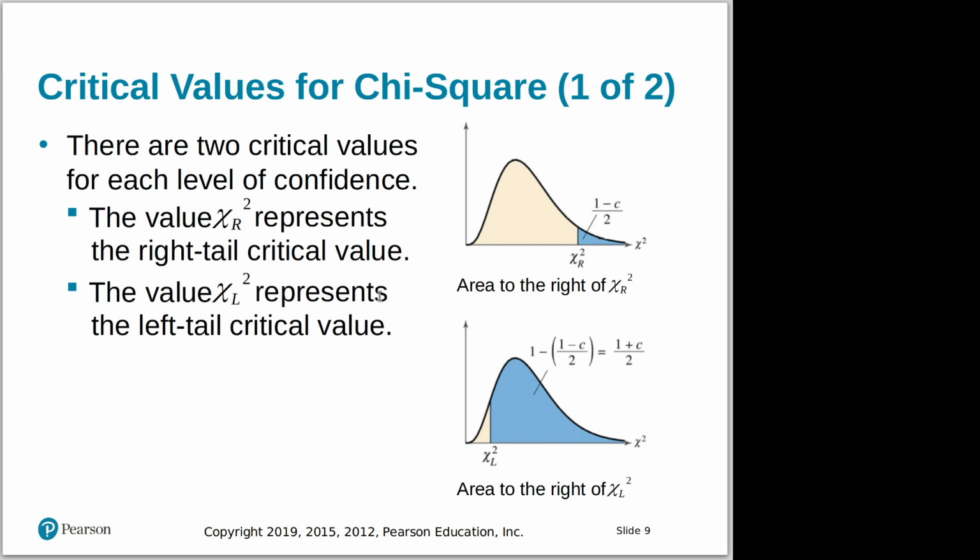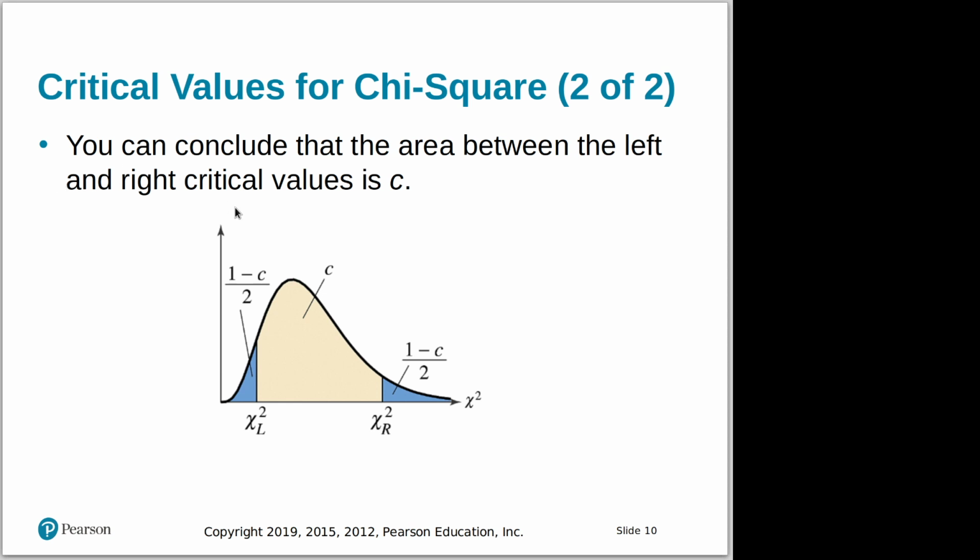But the thing to note with these is that they're not symmetric. So let's pull up how they look here. We put them all together. 1 minus c divided by 2 gives me this bit. 1 minus c divided by 2 gives me this bit. But because it's a backwards reading table, we have to do the extra 1 minus to get this part here.